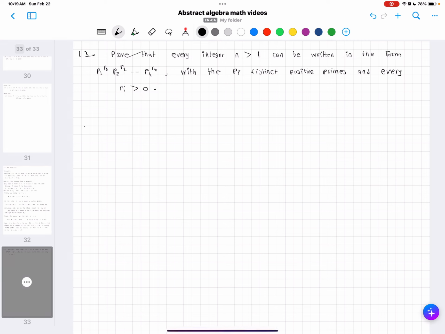So we'll use the corollary that we proved earlier, corollary 1.9. Let's state it for the sake of completeness.